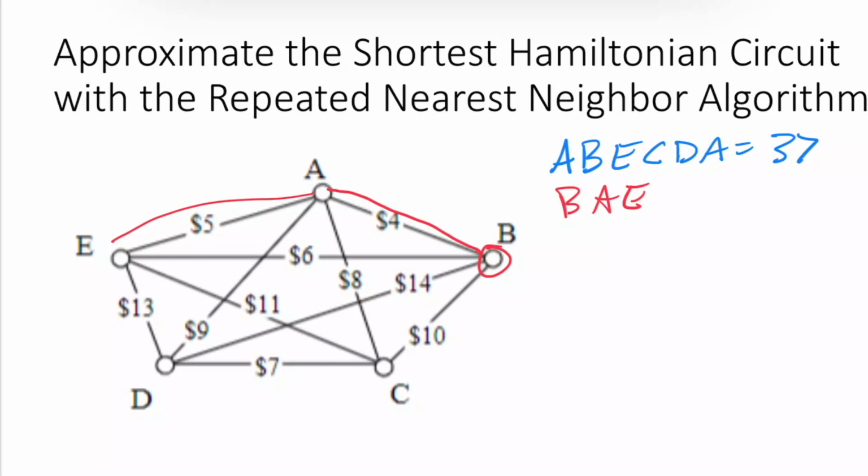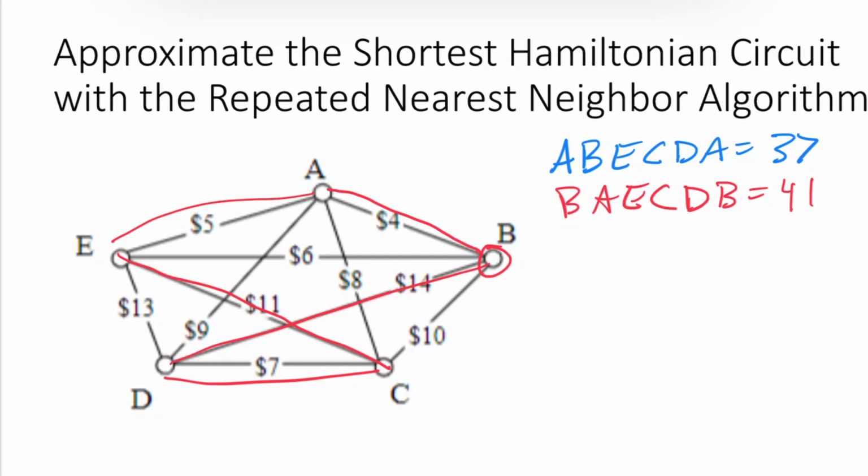And then between C and D, which are the unvisited vertices that I still need to visit, C is going to be the cheapest one. And then I have to go to D to visit all of the vertices, and then I'll go back to B to close my circuit. So the cost of that is going to be 4 plus 5, which is 9, plus 11, which is 20, plus 7, which is 27, and then plus 14, which would be 41.